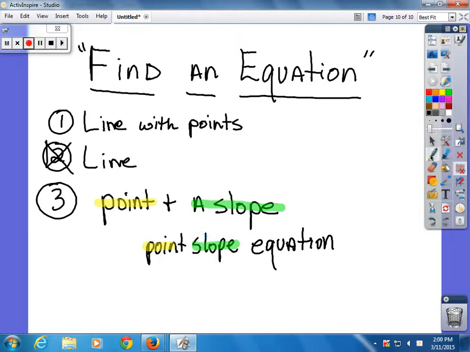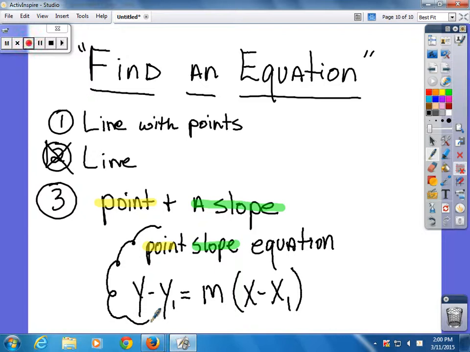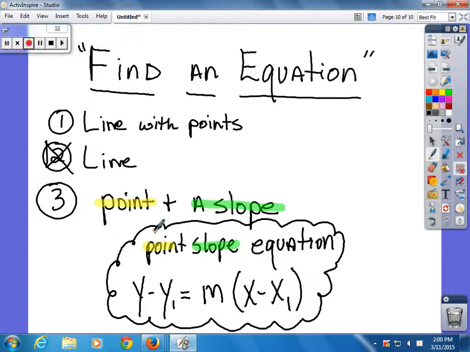A point and a slope. Now when you see the equation, you're going to think it's all difficult by the way it looks. It's very intimidating, kind of like the quadratic formula. Y minus y sub 1 is equal to m times x minus x sub 1. That is about the second most important thing for you to memorize, besides y is equal to mx plus b, third thing, and how to calculate the slope.